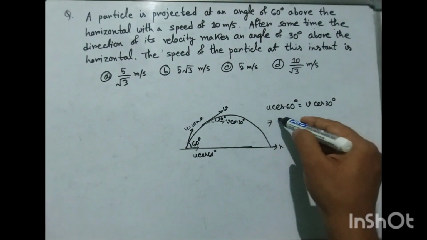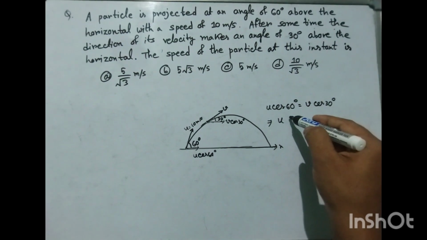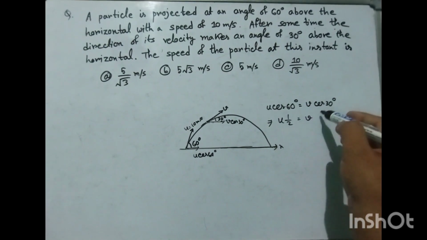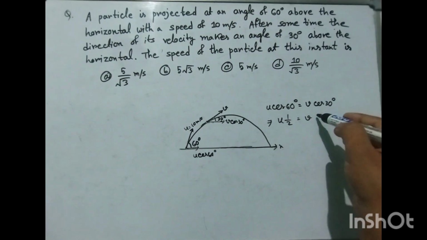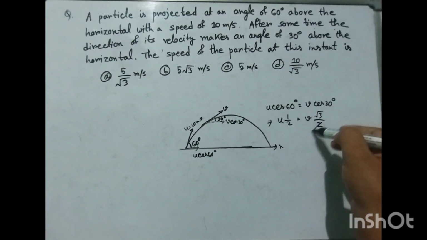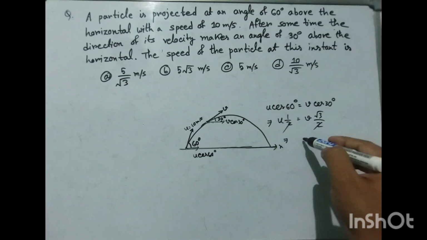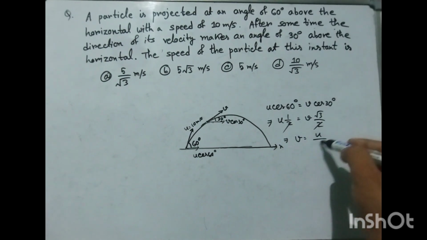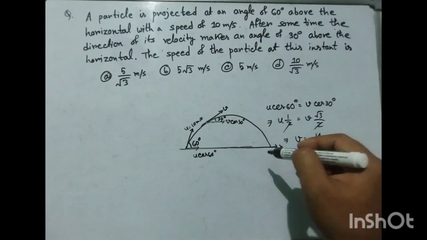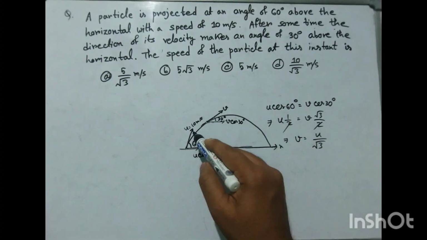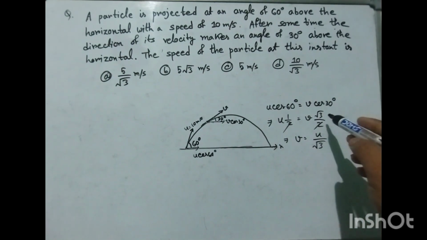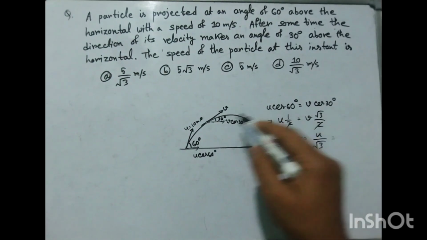So from this condition you will get cos 60 means 1 by 2 and cos 30 means root 3 by 2. The 2 will be cancelled out and v will be u by root 3. And we know u is 10.